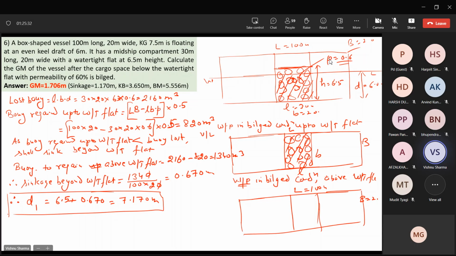Please confirm if the calculation of D1 is clear to everybody. I take a pause here for any doubts, because this is the new step which has got added. Now the question will be straight.